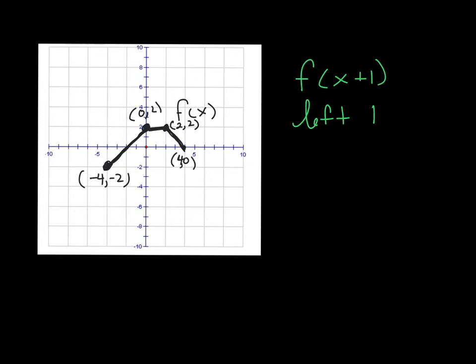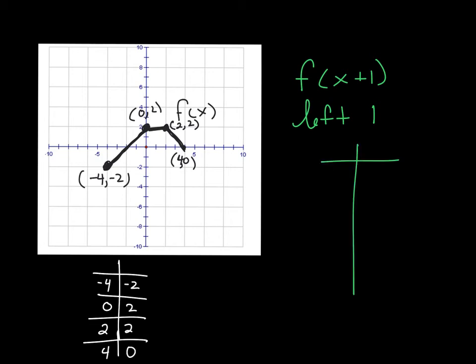So if I start with this set of x values and y values, the change that happens to these is that for the same y value, the x value gets shifted. As we start with the y values, I'm starting with the y values of -2, 2, 2, and 0. What changes take place to the x?